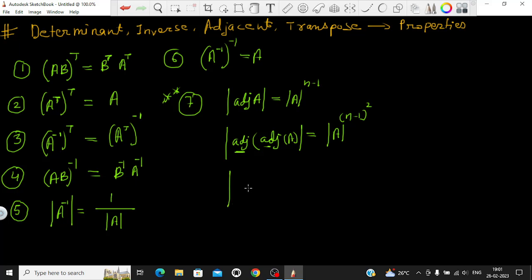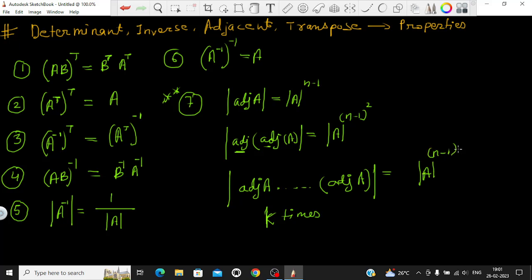Similarly, if you apply adjoint k times, then you will get det A power n minus 1 to the power k, because adjoint is coming k times, so that's why power k. So these are the some properties.